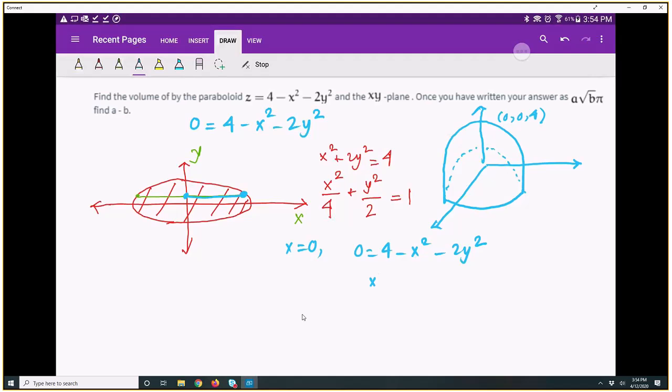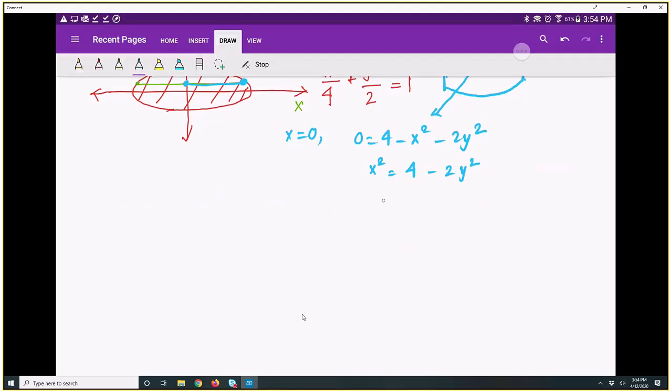So I will get x squared equal to 4 minus 2y squared. When I take the square roots on both sides, I get absolute value of x equal to square root of 4 minus 2y squared. Since I'm in the first quadrant, x must be positive, so I get x equal to square root of 4 minus 2y squared.